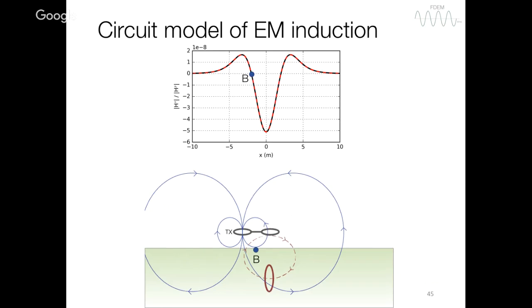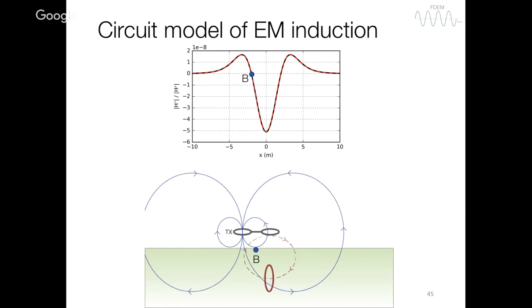My transmitter is on the left, so I'm still going to get currents in here from the primary magnetic field, but look at that magnetic field. It's hitting this receiver loop horizontally. So there's no flux coming through here, which means there's no signal. That's going to give us a zero crossing.